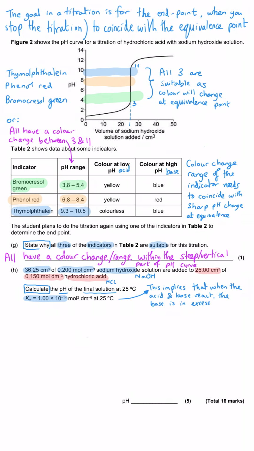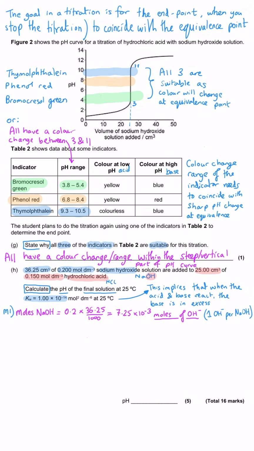And so what you have to do here is you have to work out the amount in moles of each of these 2 reagents first. And so the sodium hydroxide is 36.25 multiplied by 0.2 divided by 1,000 because we need our volumes to be in decimeters cubed. And that gives us 7.25 times 10 to the minus 3 moles. And then the concentration of hydroxide ions would be the same since there is 1 hydroxide for every sodium hydroxide.